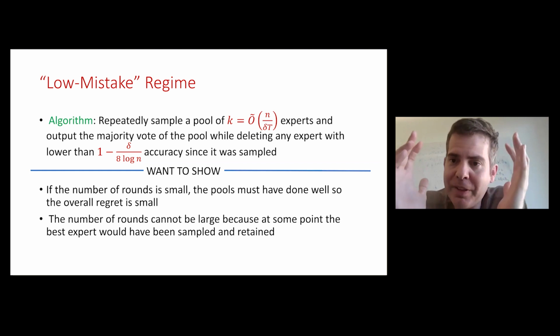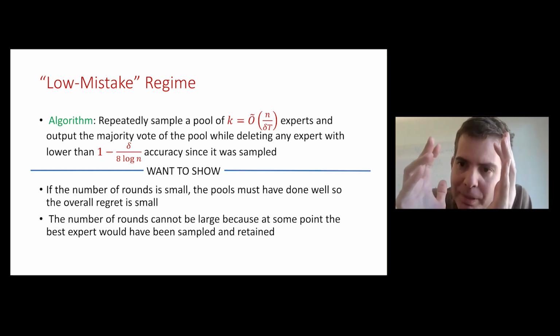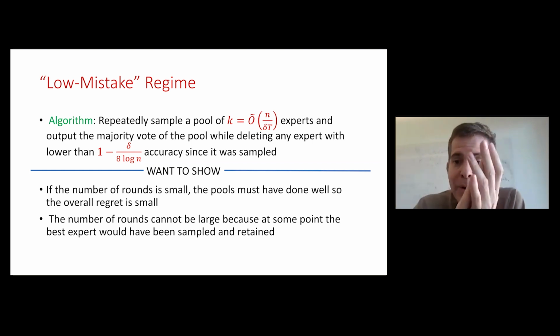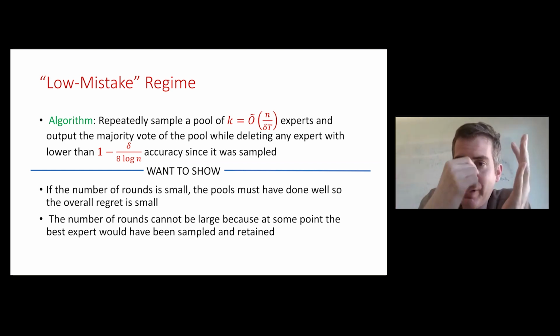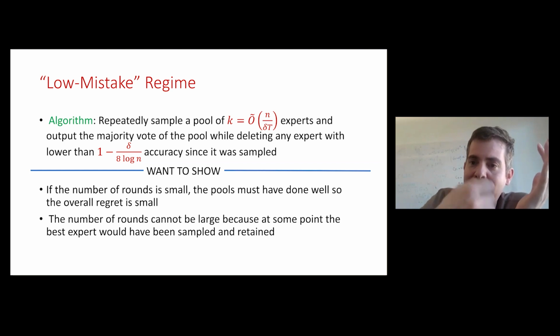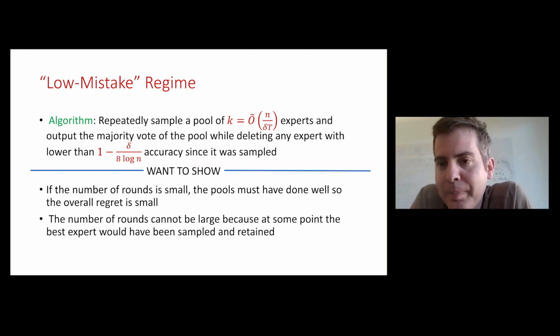So we use the fact that the number of mistakes is small for arbitrary order streams to argue you can't have many of these bad days. And so if you have enough rounds, you're going to have enough chances to sample the best expert.